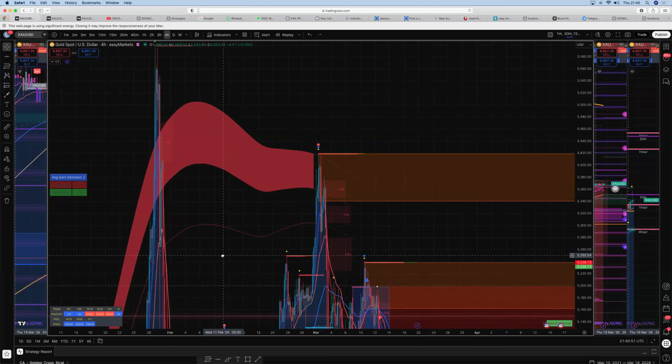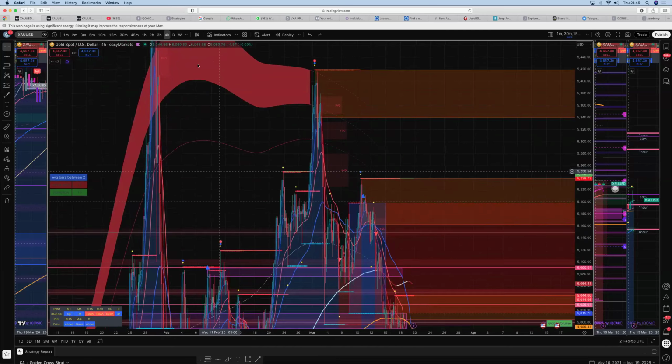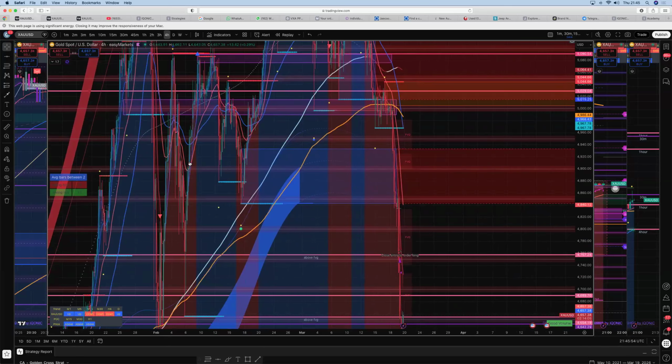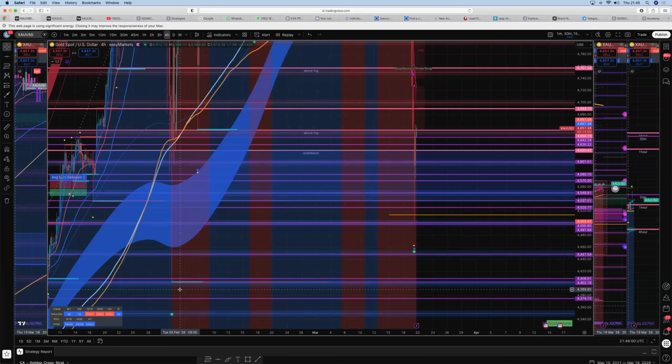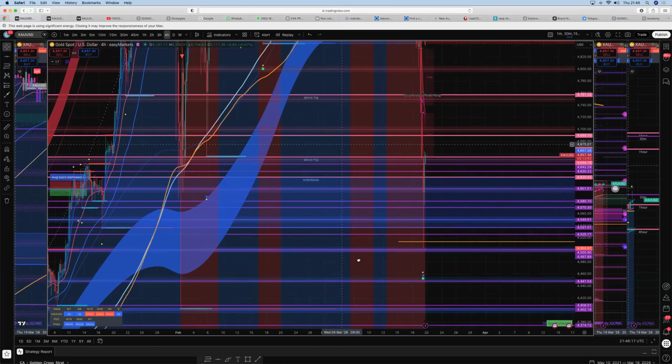It flew all the way up to 5.5, then it came down. It dropped, right? So I knew that this here was a strong zone, and therefore that market was going to come back down to this zone. Does that make sense?